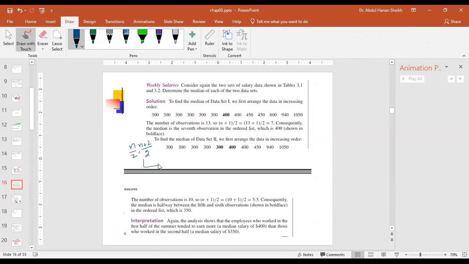These two will be the medians in general. Now for this data set n is equal to 10, so one will be the fifth and the next will be the sixth. Fifth because 10 divided by 2 is 5, and then 10 plus 2 is 12, divided by 2 is the sixth one for this particular data set. So 300 and 402 are the medians.